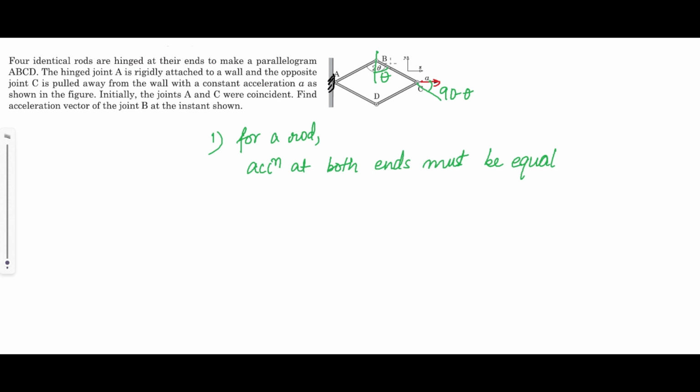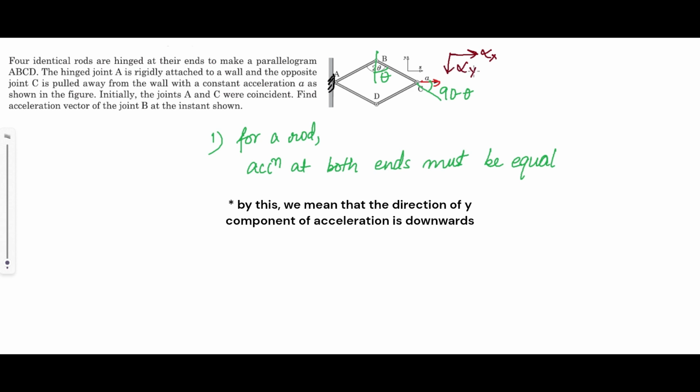So let's look at the point B. Let's mark its acceleration vectors as alpha x and alpha y in the downwards direction.